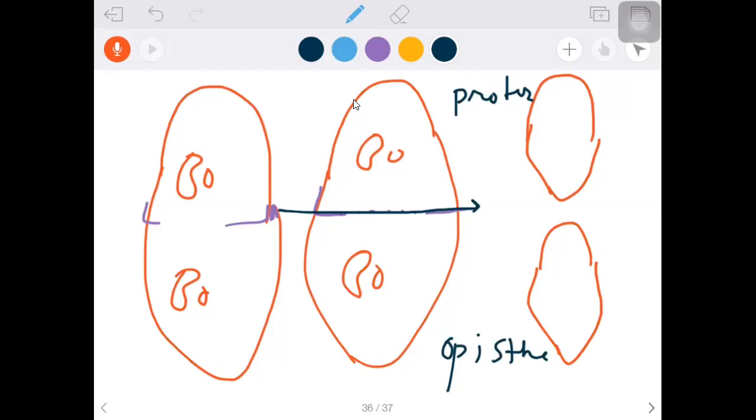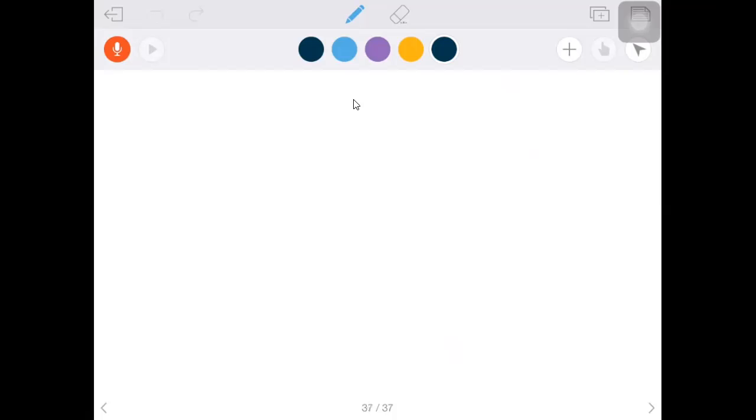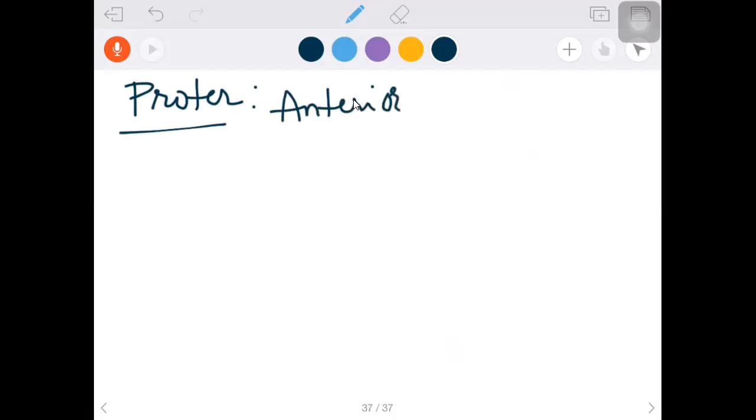Okay. Then after this, we need to learn some information about the two daughter individuals. So first of all, proter. Who is proter? After the transverse binary fission, of the two daughter individuals, the anterior daughter individual is called proter.